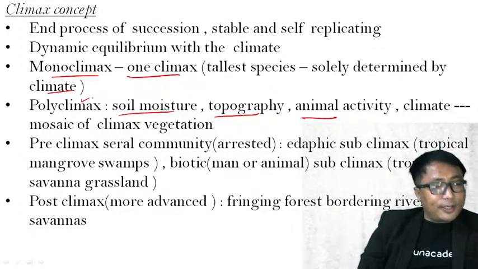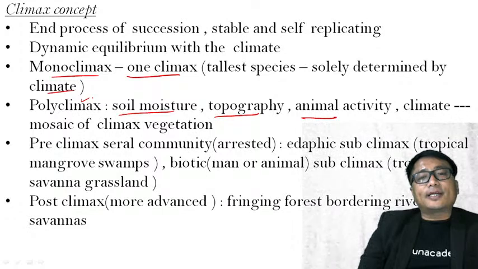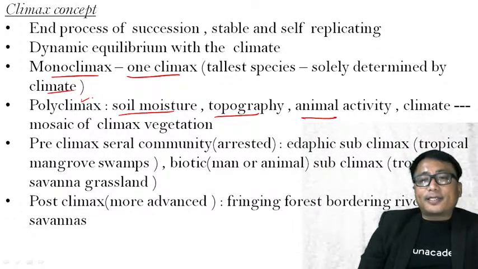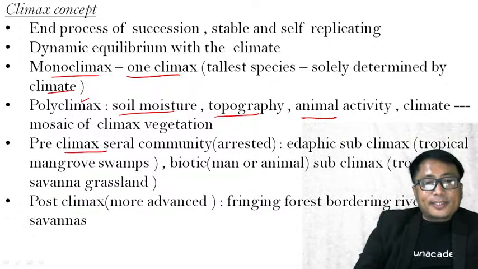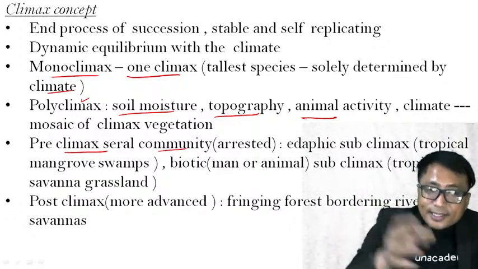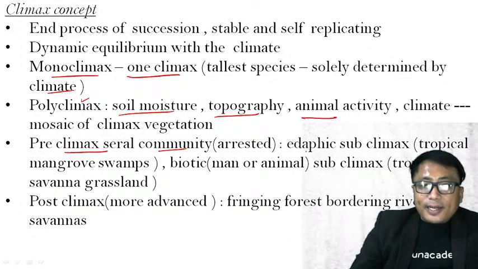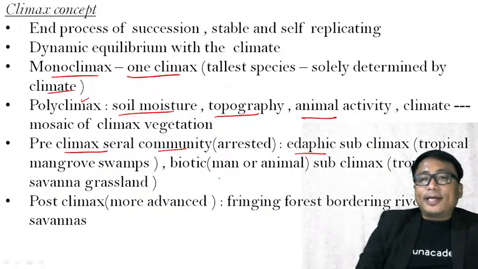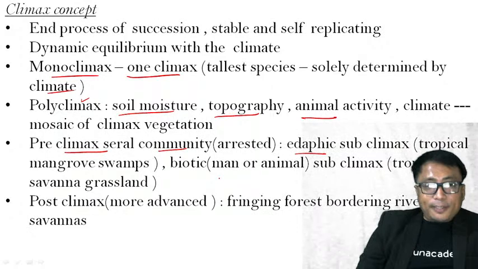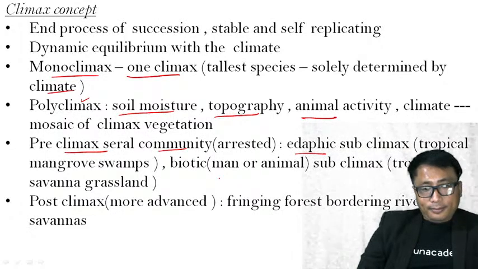What is this pre-climax serial community? That is edaphic subclimax, that is tropical mangrove swamp. For example, pre-climax serial community is the arrested climax community. Say for example, edaphic means soil. Subclimax, the example is tropical mangrove swamp.